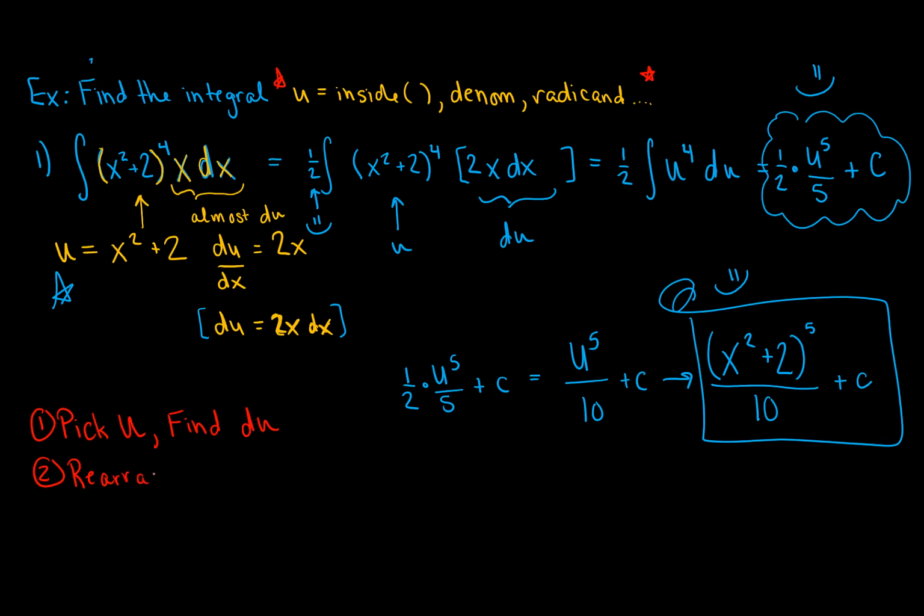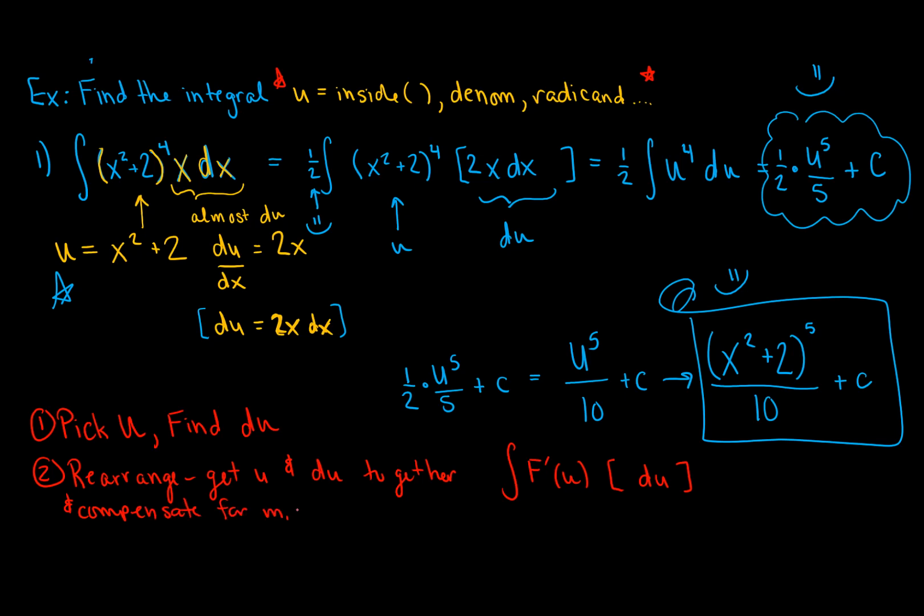Then we are going to rearrange our integral, rearrange our pieces. We're going to get the u and the du together. In other words, you've got some function of u and then your du. Move those in there.